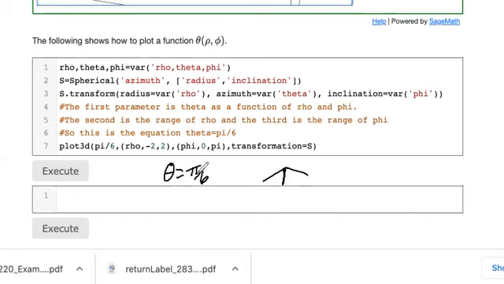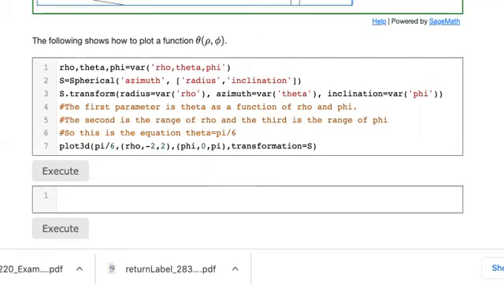Now, if you allow for negative r values, you could go backwards if you were in polar coordinates. But right now we're in spherical coordinates. And I guess even for negative, that would be like negative rho, going backwards the other way. So you go back and forth. But you should just get a flat plane going at that angle. Let's see if that's what we get.